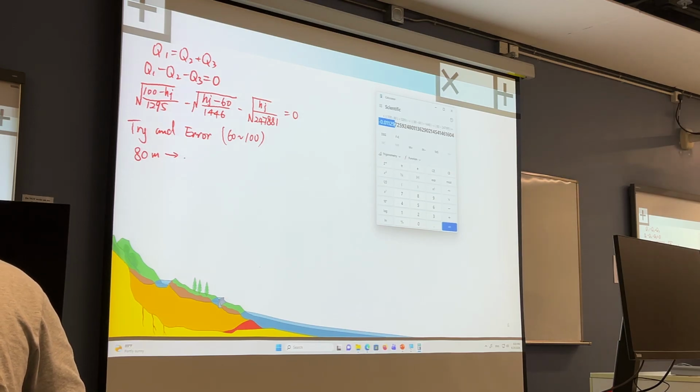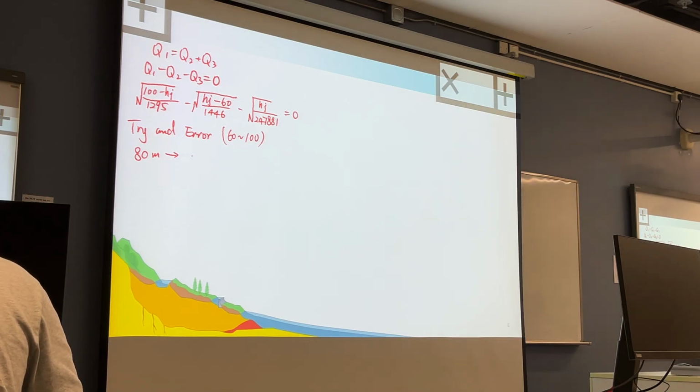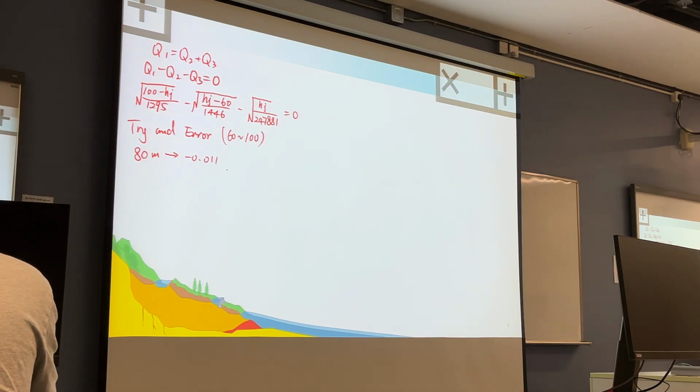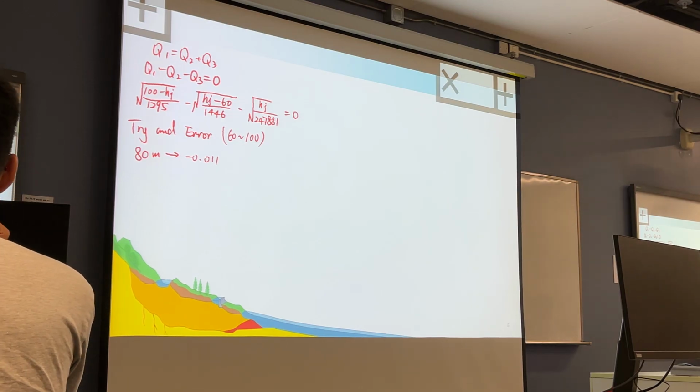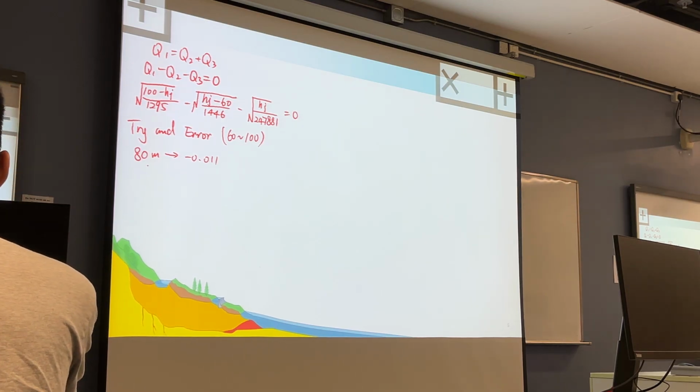Note that is about negative 0.011, and it's very close to 0, okay. It's already very close to 0, but is still less than this, okay. So we can try another one, okay.